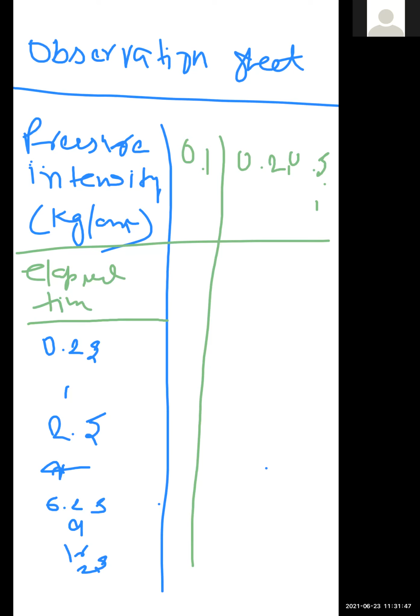This is the observation sheet for time pressure of consolidation test up to 24 hours at different applied load. So next observation sheet is the pressure void ratio consolidation test.